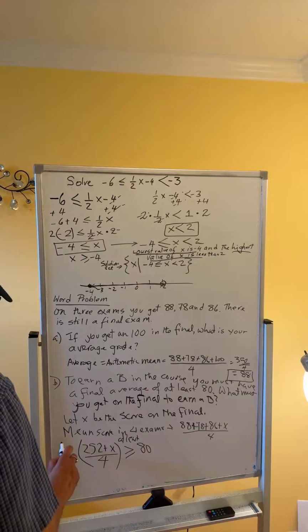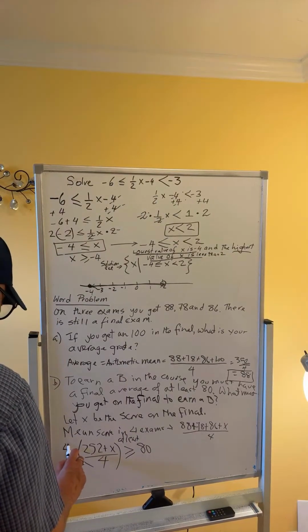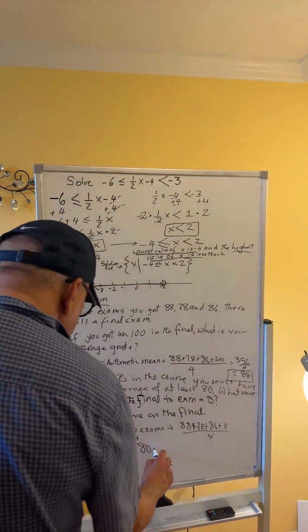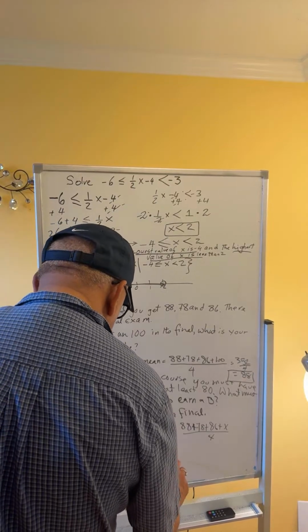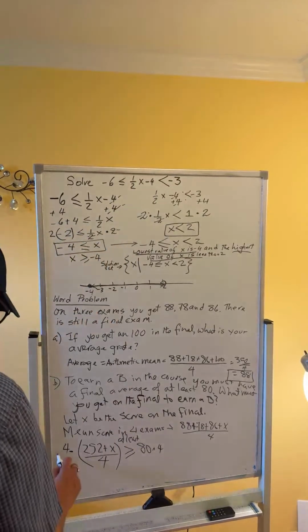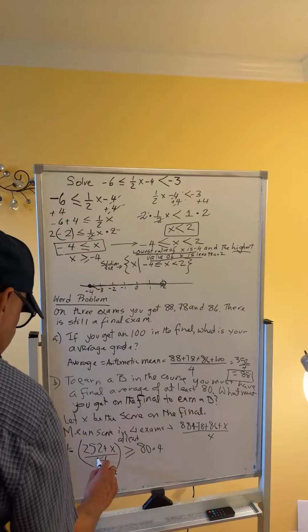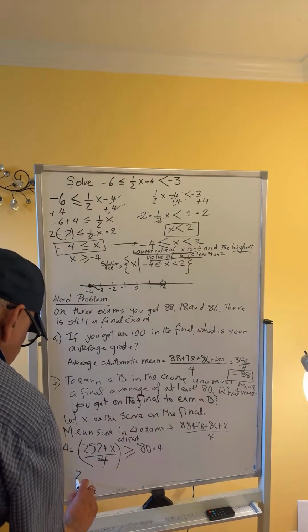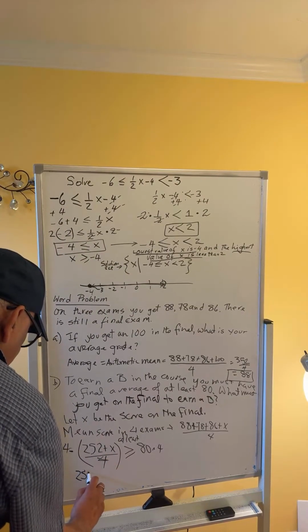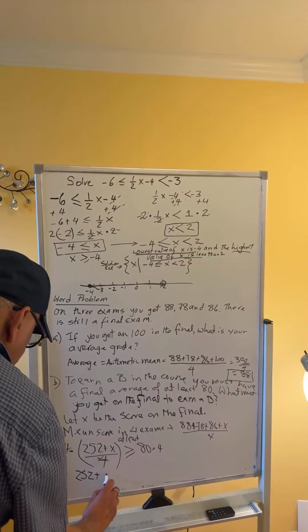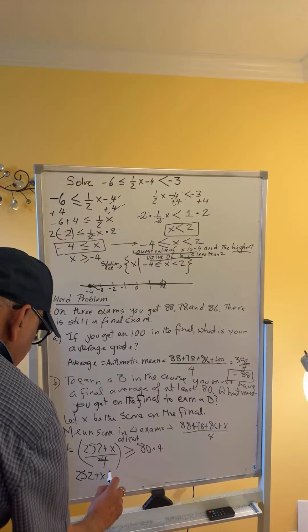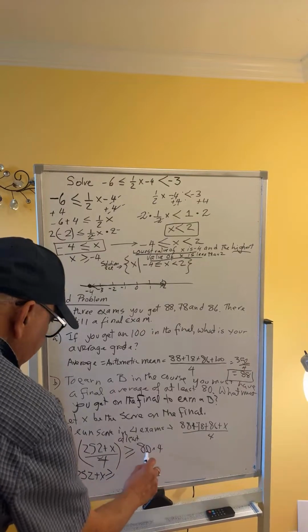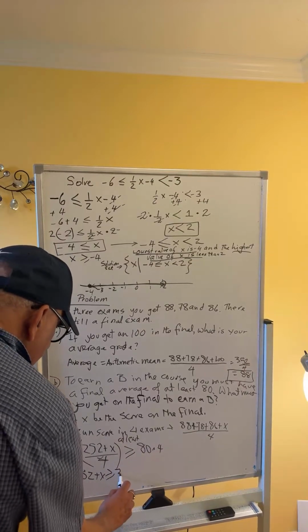Okay, so you multiply by 4 on both sides. This 4 and this 4 will cancel. 252 plus X should be greater than or equal to 4 times 80, which is 320.